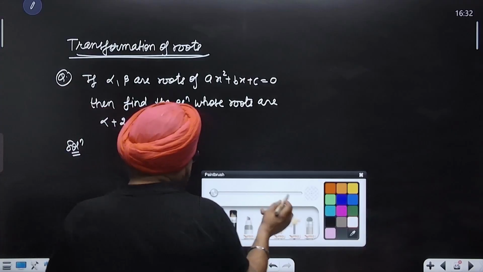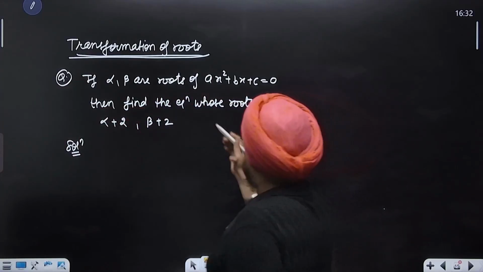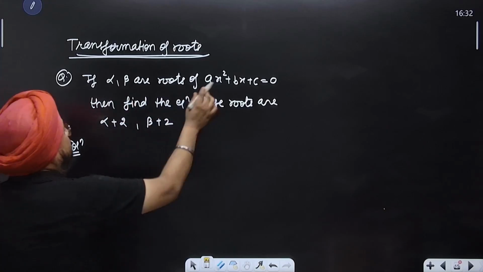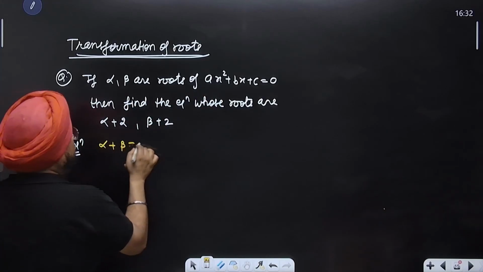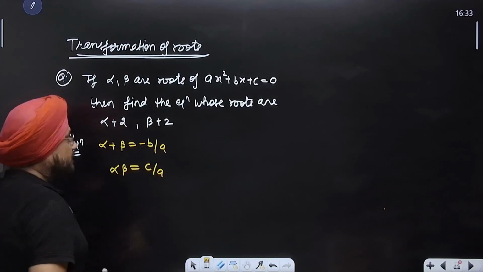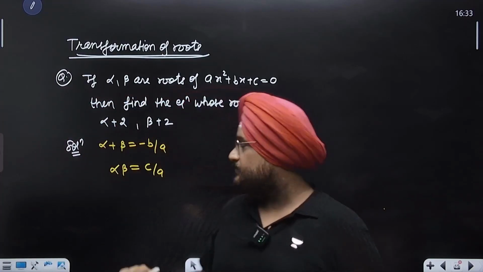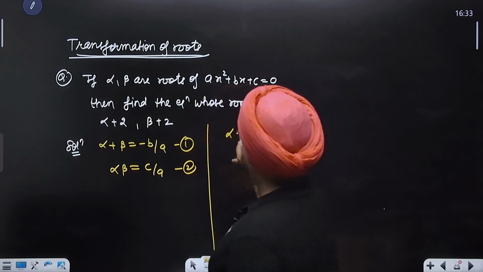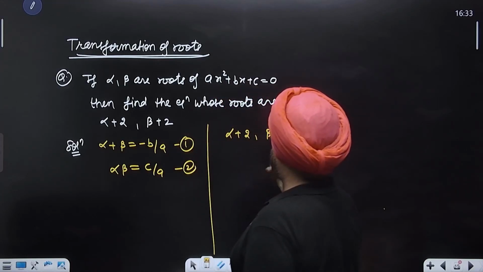Okay, so the first method is the conventional method. If alpha and beta are the roots, the sum of roots is minus b by a, and the product of roots is c by a. Now we have to find the equation whose roots are alpha plus 2 and beta plus 2.